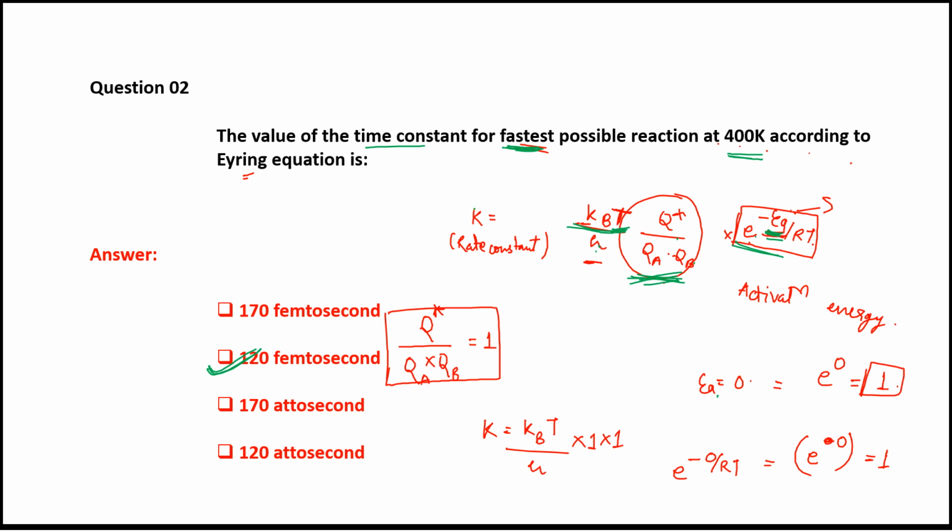Substitute the values of all the constants and you can calculate the value of K, the rate constant. And femtoseconds refers to 10 to the power minus 15 second, and that is it.